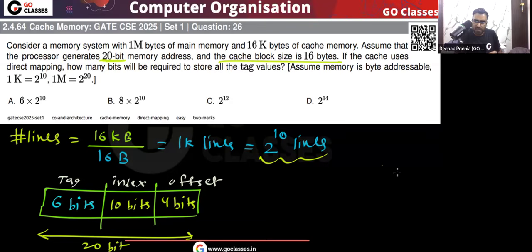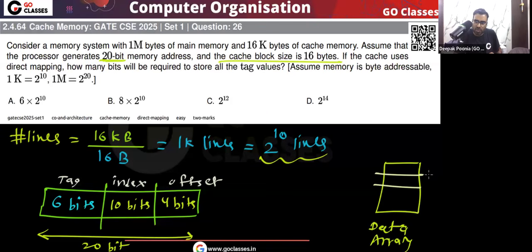So please understand that corresponding to every line, like this is your data array. Okay, in this data array, there are lines. Yes or no? For example, this is line 0, line 1, and so on. And you already know that corresponding to every line, there is a tag directory.